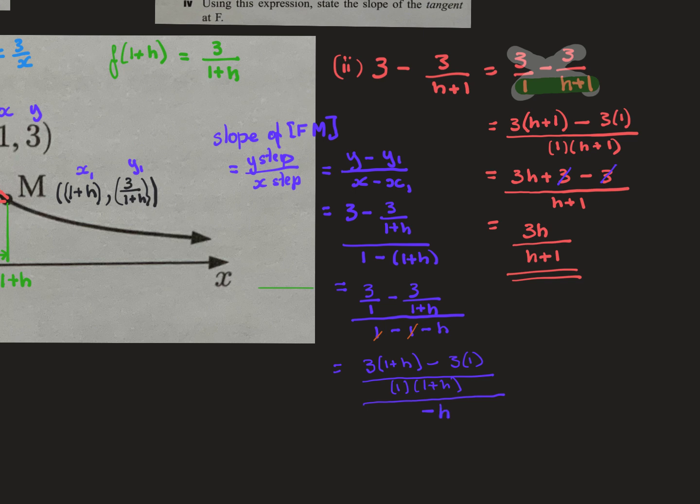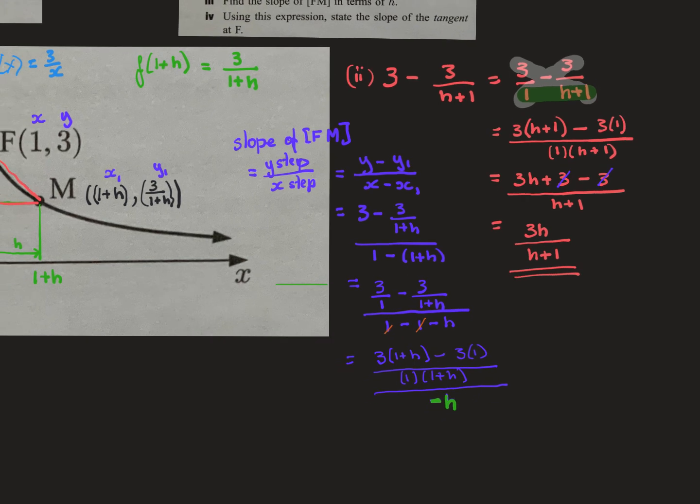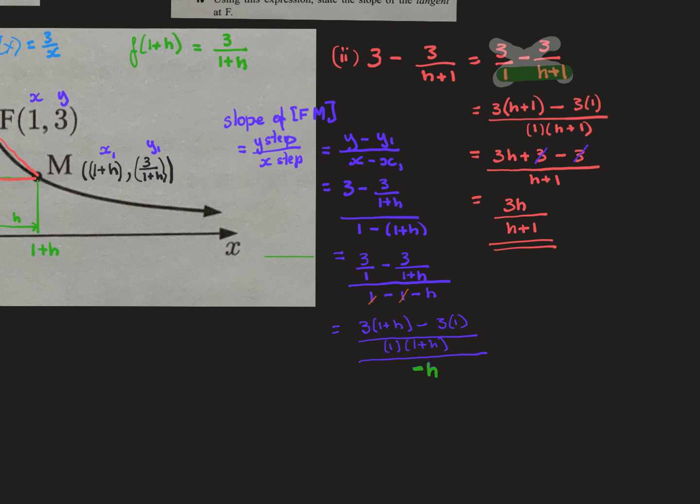Now, I'll do this in green so that you can actually see it. Because that minus h is there, we can rearrange this so it'll look like this. So let's rewrite this again: 3 plus 3h minus 3 over 1 plus h.